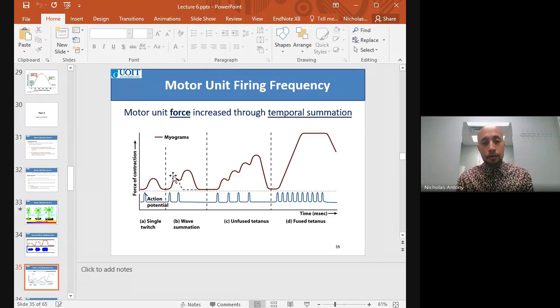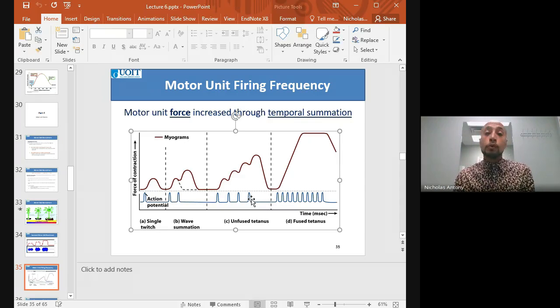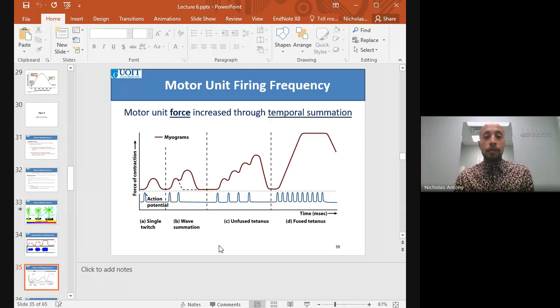The second action potential causes contraction of that muscle fiber before the force from the initial contraction is completely dissipated. So there's a summation of that force. And so if you continue to fire the motor unit before the force dissipates, you get an addition, or a summation, of the force.